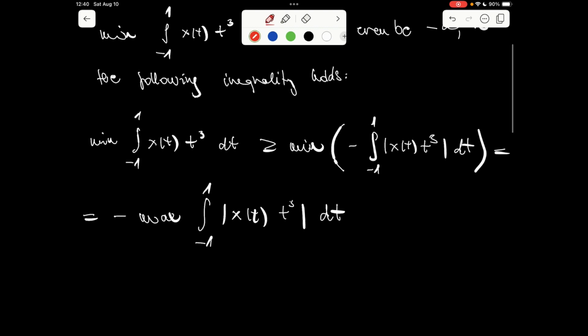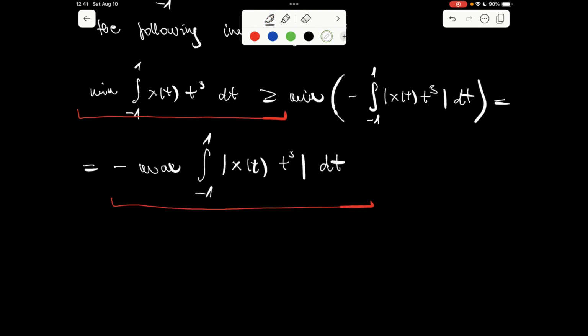So eventually, by highlighting the two ends of this expression, we have the following result.